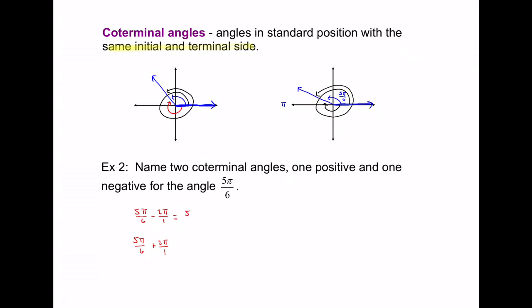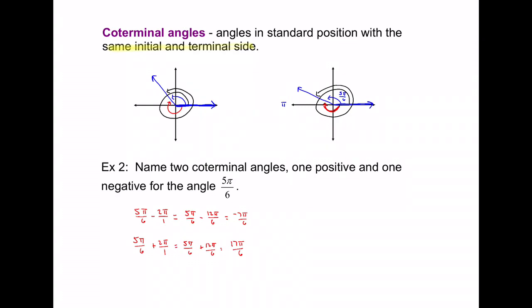So this would be 5 pi over 6 minus 12 pi over 6. So it looks like negative 7 pi over 6 would be the one right here. And then if we add 2 pi, that's 5 pi over 6 plus 12 pi over 6, so that's 17 pi over 6.